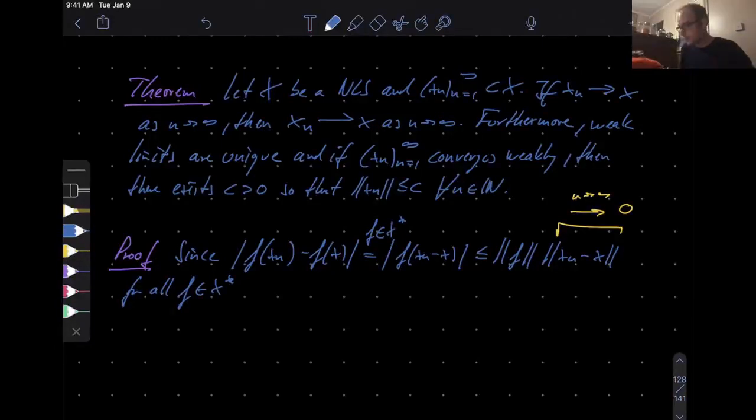So let's write this out. We see that Xn converging ordinarily to X implies weak convergence. And again, I said it before and I've done the example, the other direction is not true in general.